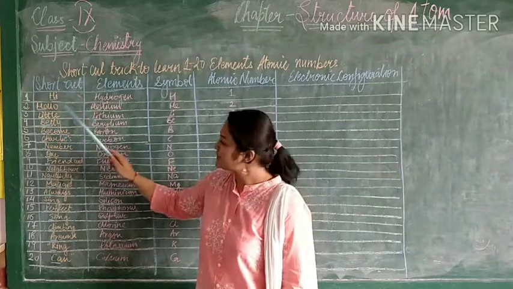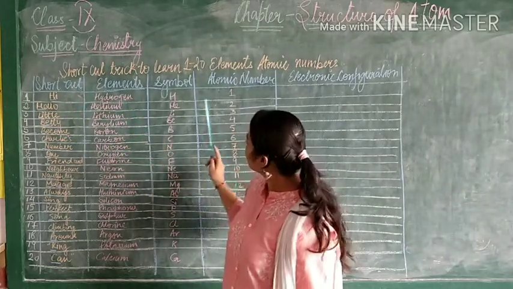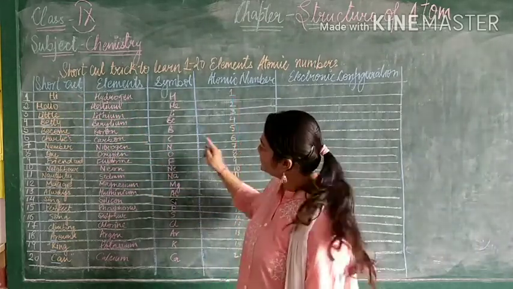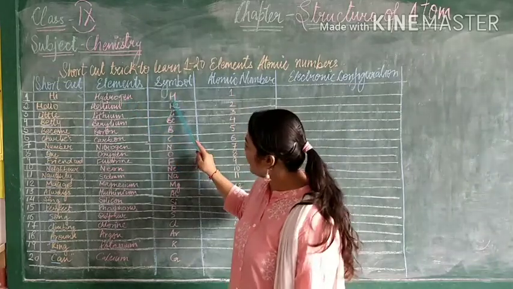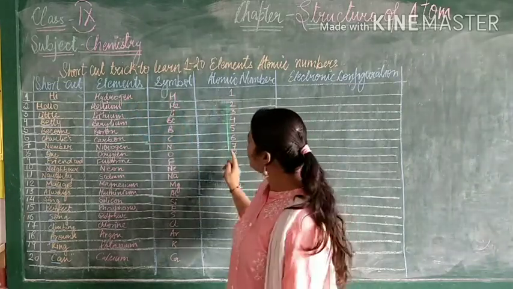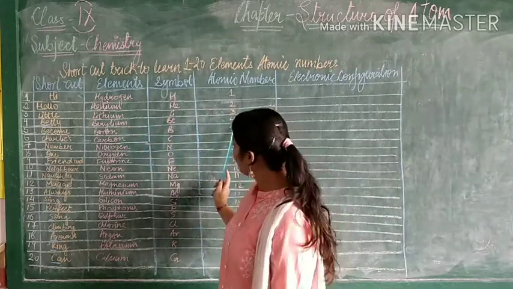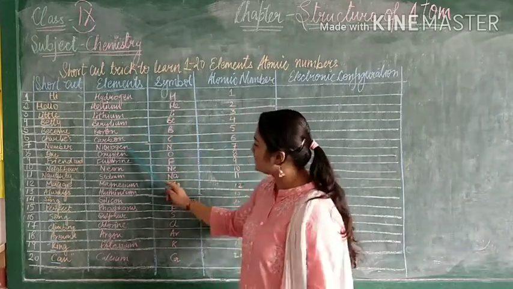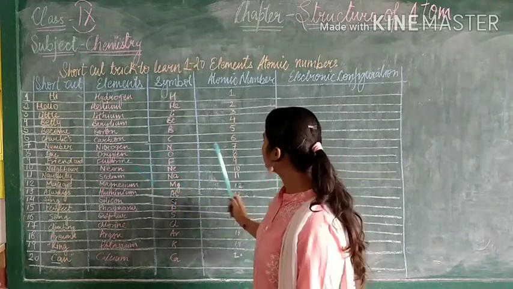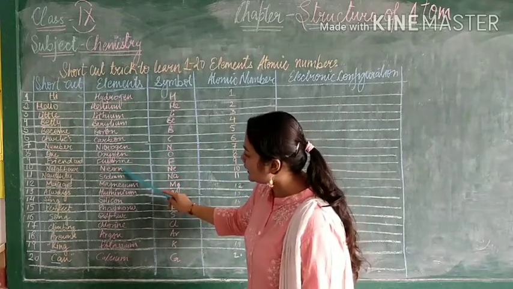First, the atomic number 1 is hydrogen, whose symbol is H. Second, helium. Third, lithium. Fourth, beryllium. Fifth, boron. Sixth, carbon. Nitrogen 7. Oxygen 8. Fluorine 9.